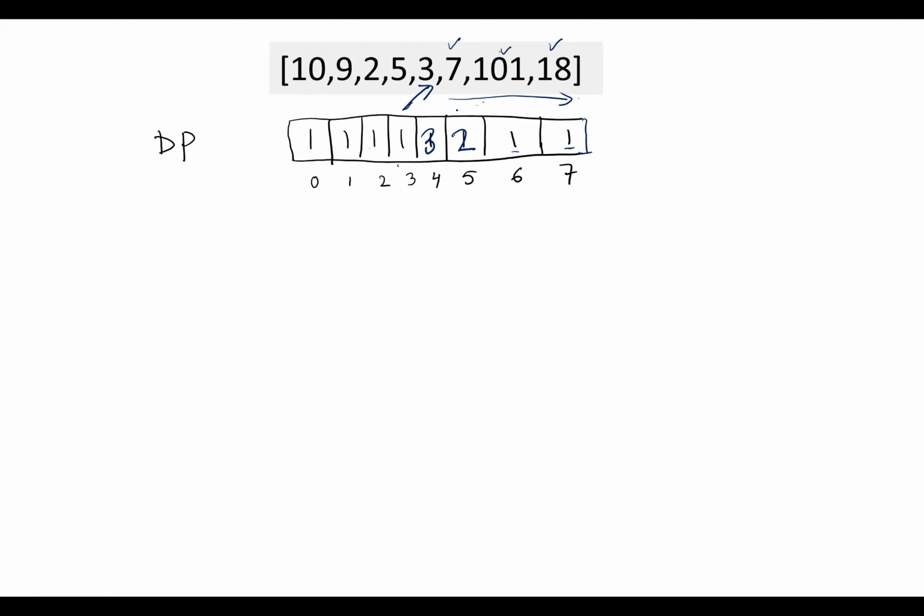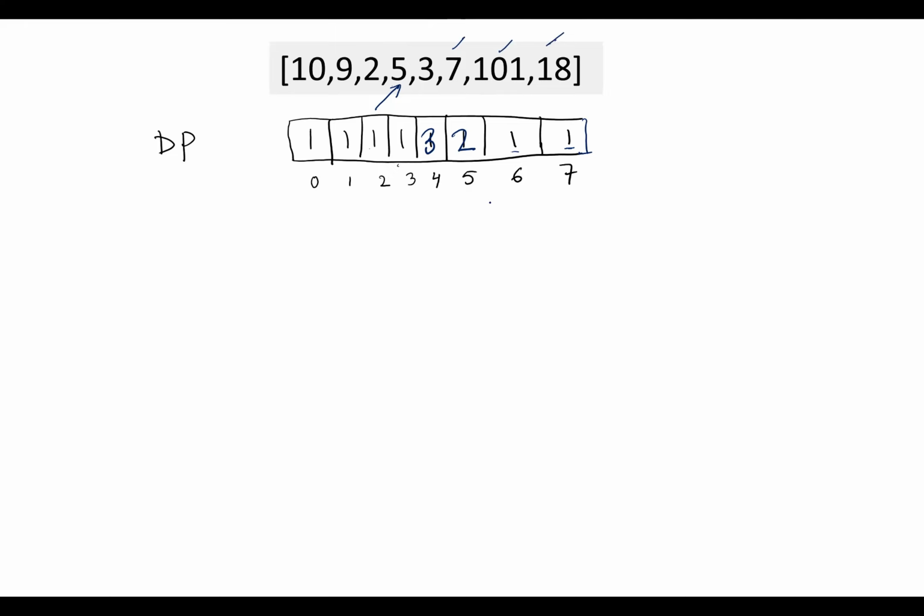Now you see that basically what it says is, we have a subsequence from here and then from here, something like this, which is of length 3. I move here, and then I read everything to the right. And as you can see, this one is not a candidate because it is smaller, but this is larger, this is larger, this is larger.